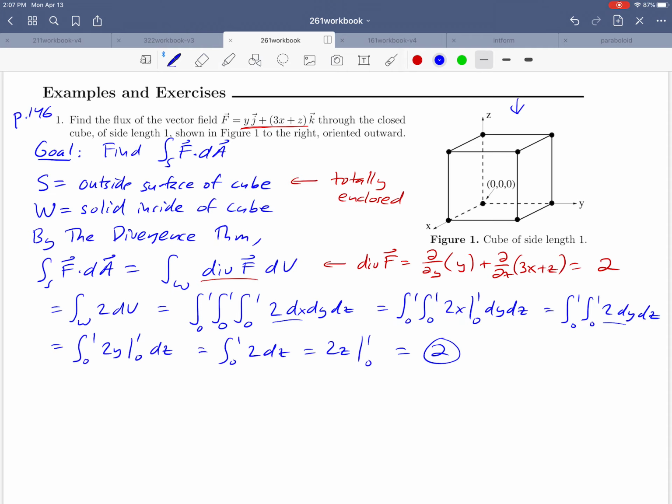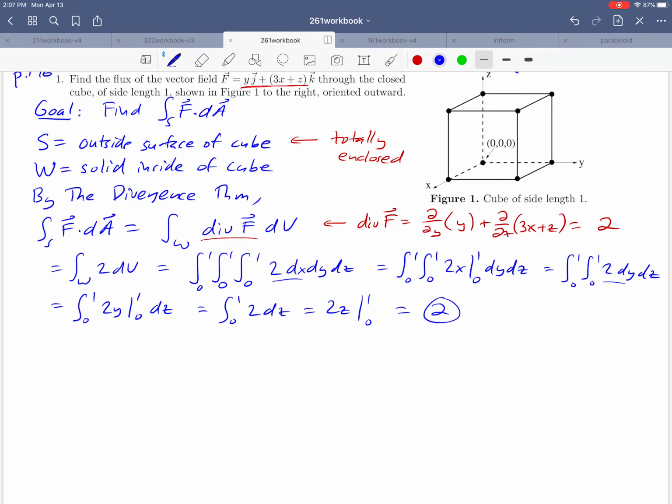But then you could ask the question, did we really need to do all of that writing? Was it really necessary to write out all those steps? Well, that's kind of a matter of opinion, but there is an observation that we could have made that would have made this a lot easier. We're actually going to make a couple of observations here. First, back up to the step where we were taking the triple integral over W of just the function 2. 2 is a constant, so we could have just pulled it outside.